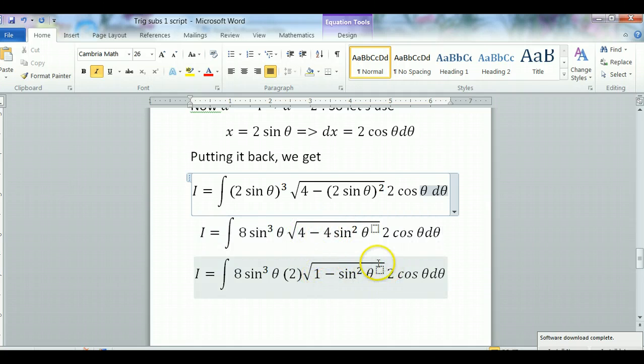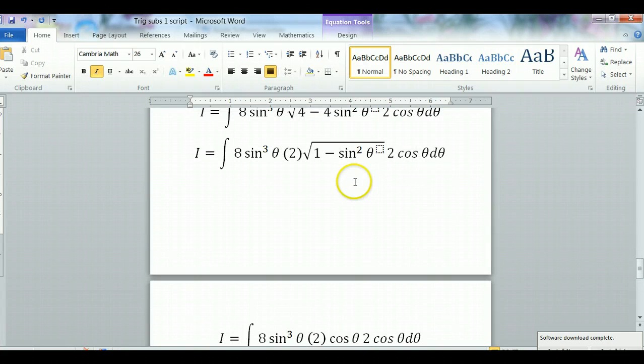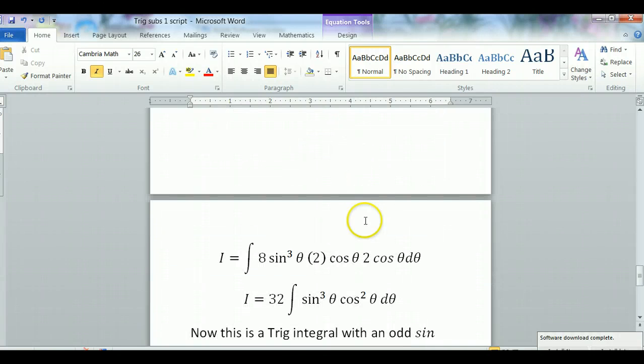So as before, we have 1 minus sine squared theta appearing in the radical, which is good news because we know that that is equal to cosine squared theta, and the radical of cosine squared theta is nothing but cosine theta. So this part becomes cosine theta. So we have 8 sine cube theta, 2 cosine theta, 2 cosine theta.